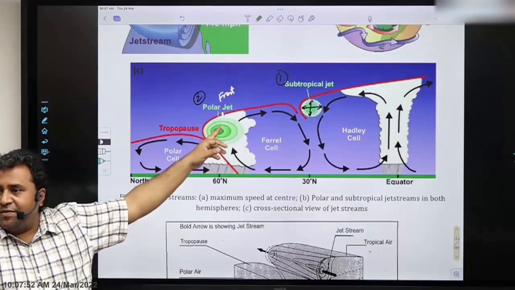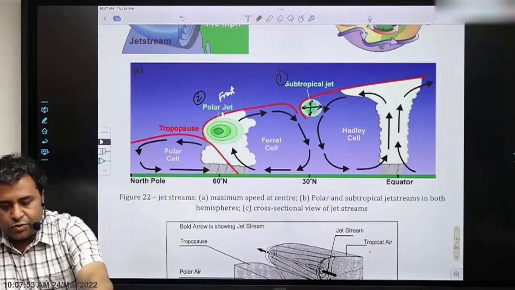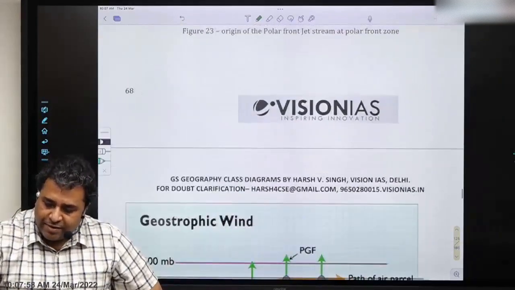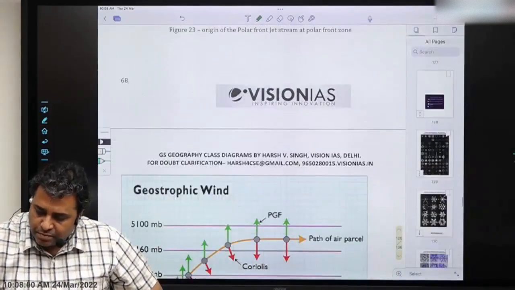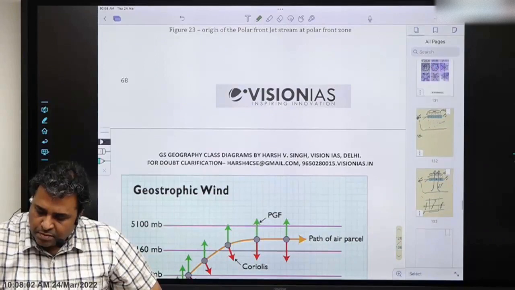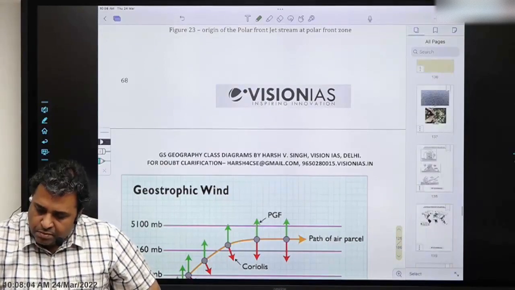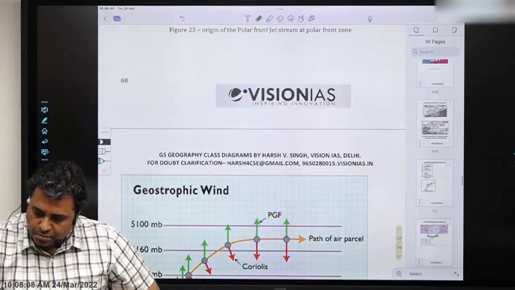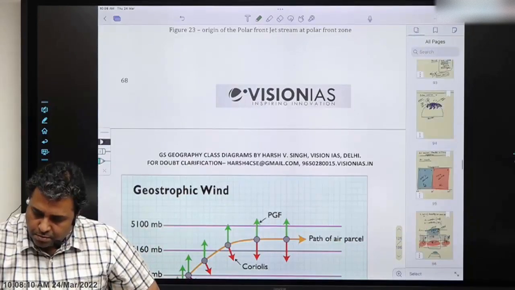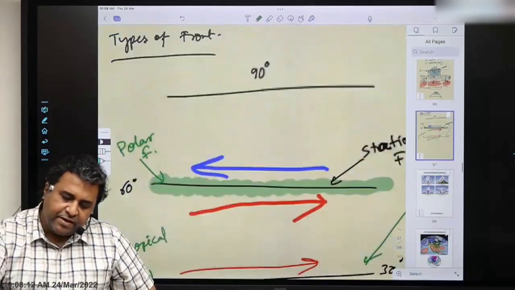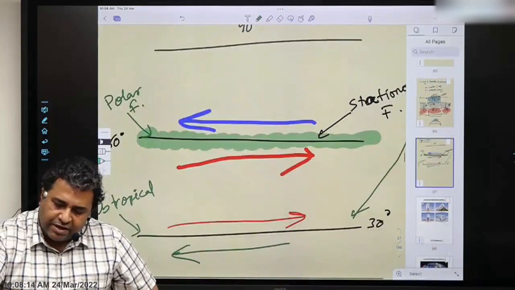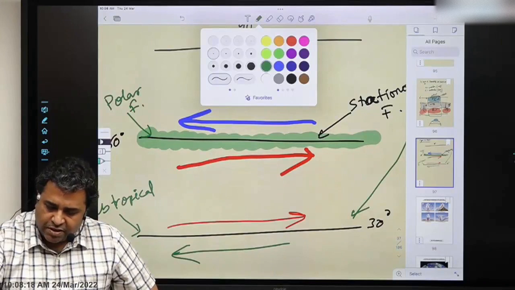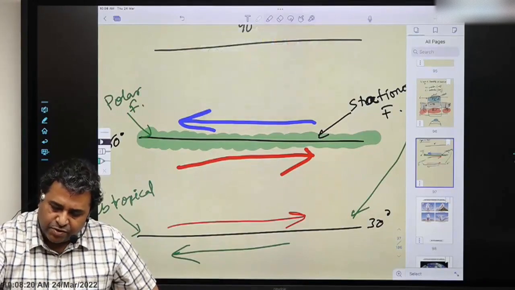Is this clear to everyone? Okay. So I can draw in the diagram, let us say, white color, but I'm not sure whether it will be visible.